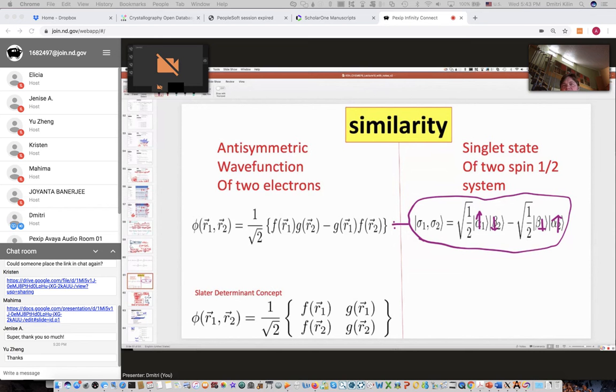So 1 over square root of the number of particles, and in the brackets, the first orbital is equivalent to up, the second orbital equivalent to down, and then the first electron in state down, the second electron in state up. So by practicing linear algebra for spins, we can justify the Slater determinant concept.